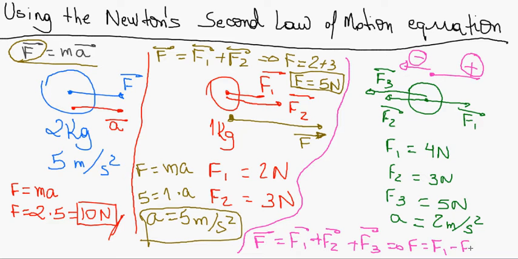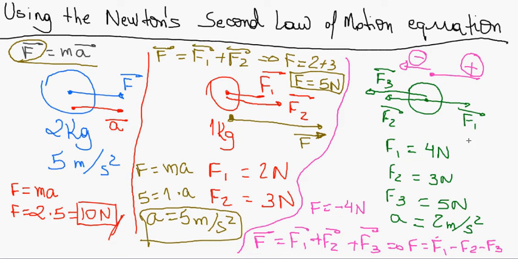So it's going to be F1 minus F2 minus F3. Here we are just considering the magnitudes, so we have to use a positive direction and a negative direction in order to use the correct signs. As you can calculate here, the magnitude of the net force is equal to 4 minus 3, which is 1, minus 5, which is negative 4 newtons.